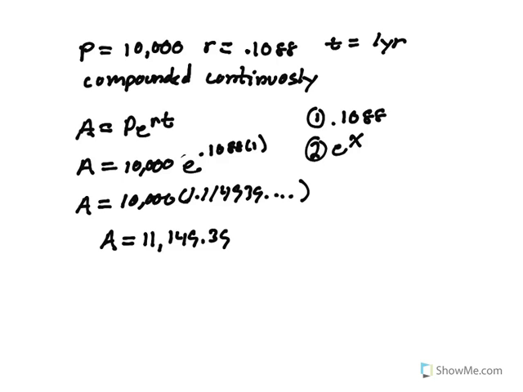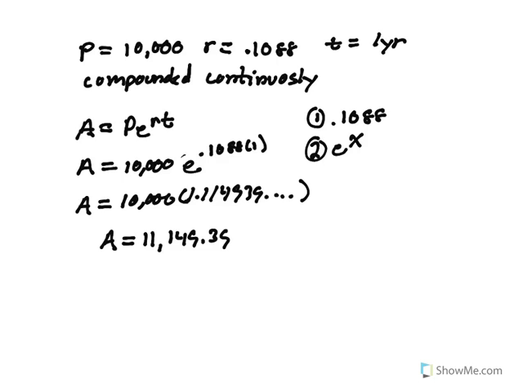Pay attention to how the money is being compounded, and that will determine what formula to use. Continuously, you're always going to use e. And people are probably asking, what is e? What does that even mean? Well, it's kind of mathy.